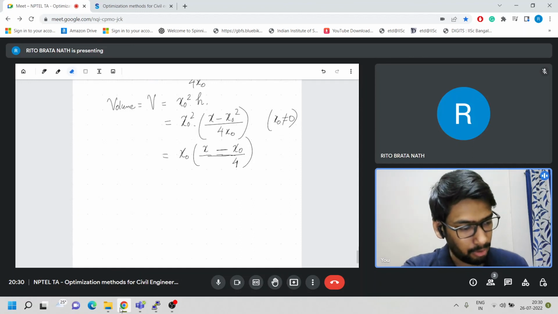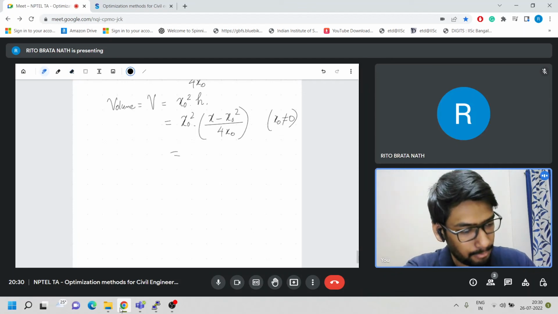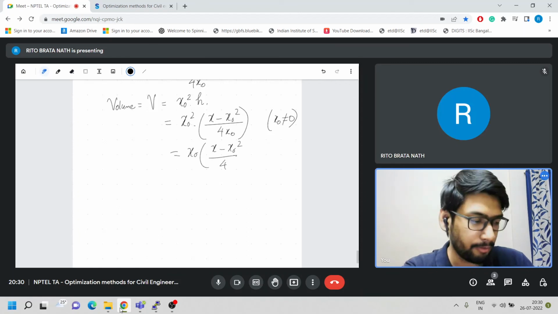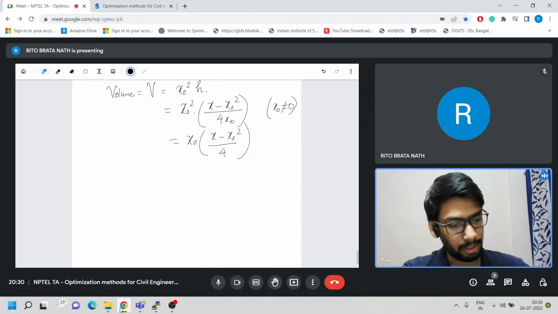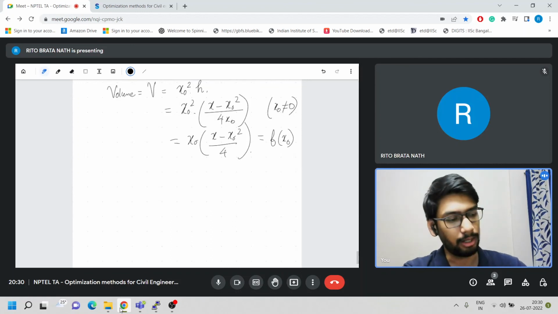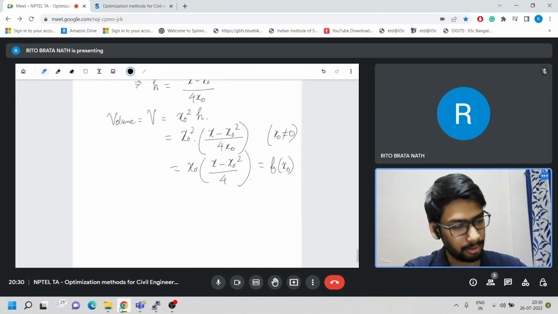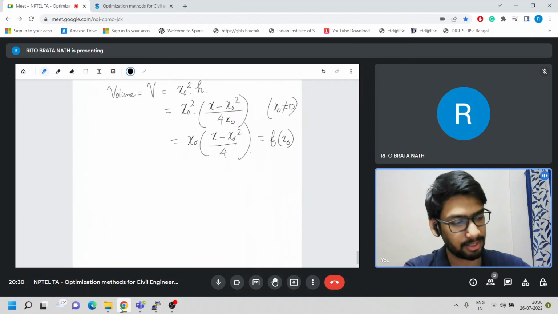Oh, sorry, I have written it wrongly. So let me erase this. Yeah, so this x naught will get cancelled out. We'll be left with x minus x naught squared divided by 4. So now what you can do is name it as a function of x naught, and you need to find the value of x naught for which this becomes maximum.